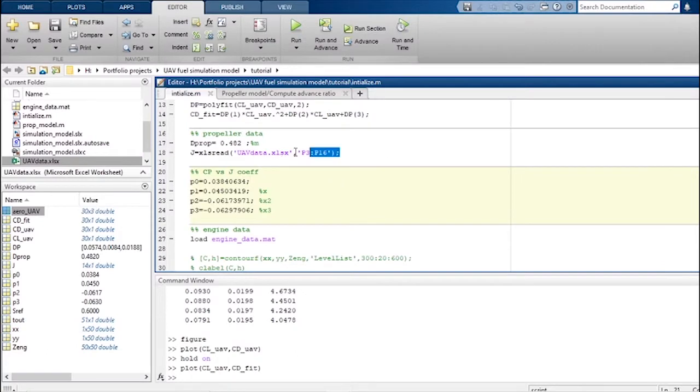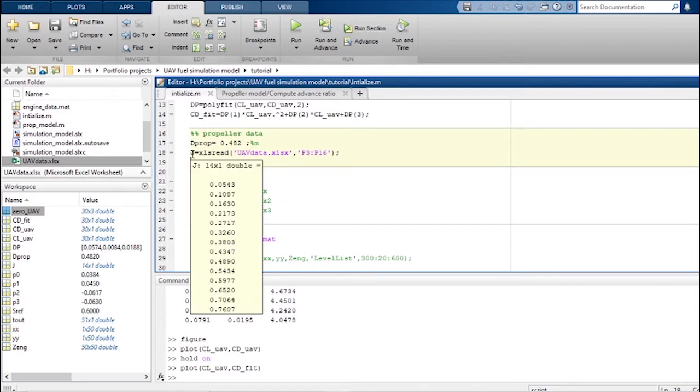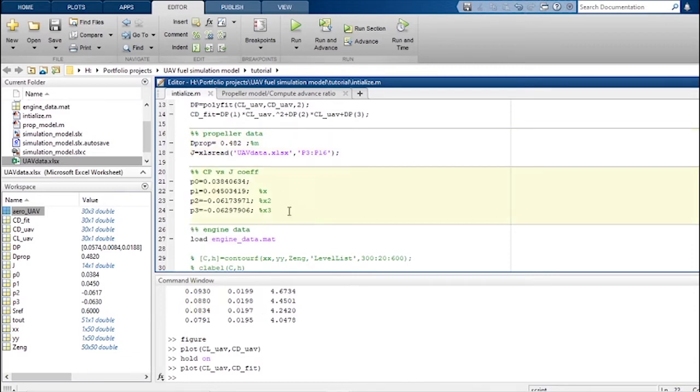So here I have imported the advance ratio values of our required propeller from the UIUC database, and I've also exported the polynomials, which is the third order curve fitting for the variation of power coefficient with the advance ratio. Now that I have this propeller data loaded, lastly I'm going to load the engine data.